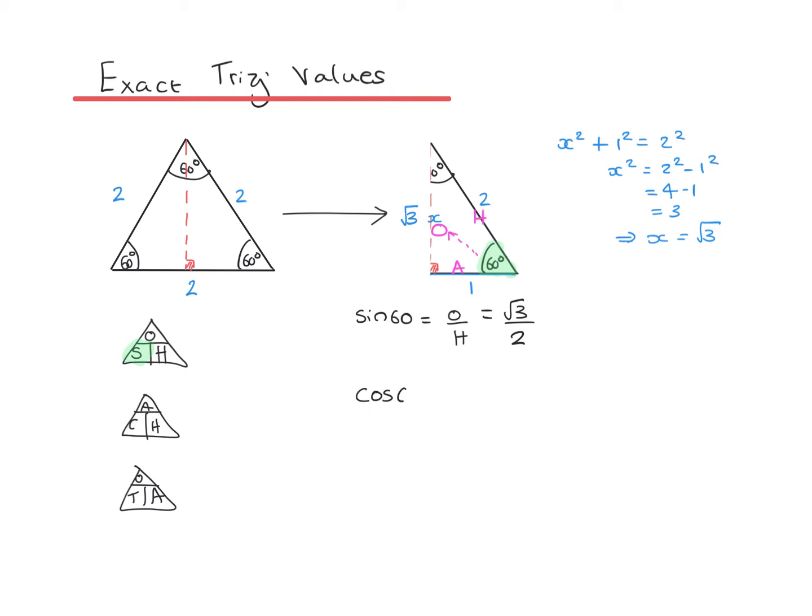Now, the cos of 60, well, let's remind ourselves, the cosine of an angle is equal to the adjacent divided by the hypotenuse, which is 1 divided by 2.